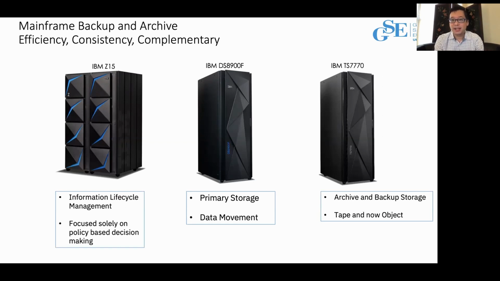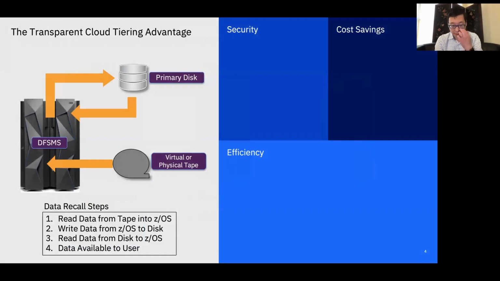We want to make it the primary data movement engine. Last but not least, we want the 7700 to be the target of that data, whether it's tape or whether it's now object. So the combination of these three products together provides the solution that we're going to be talking about. And that solution is called transparent cloud tiering.